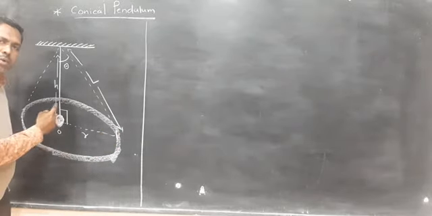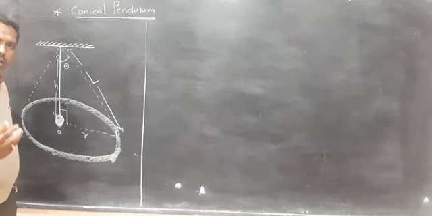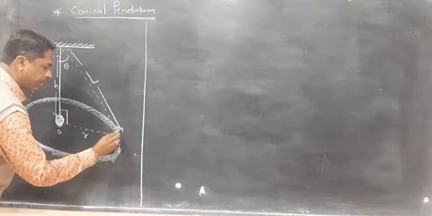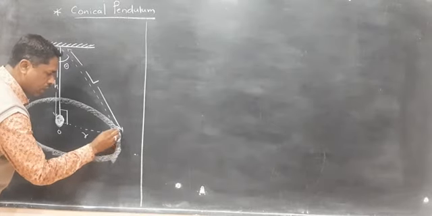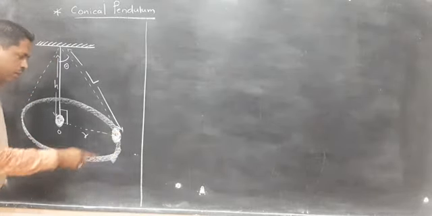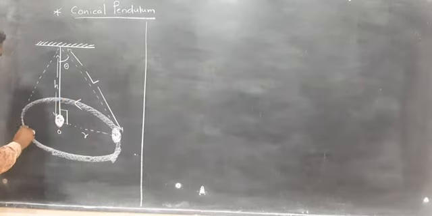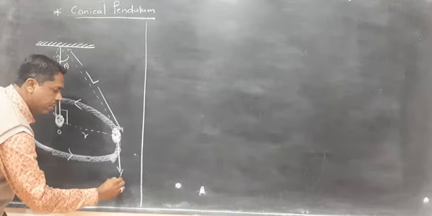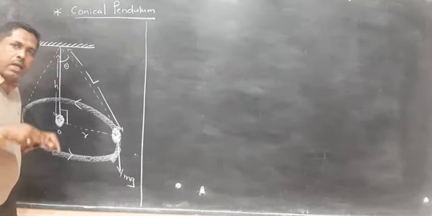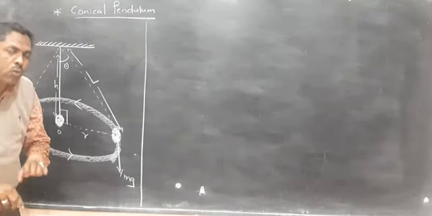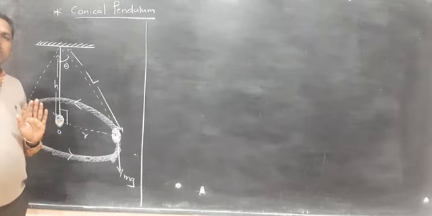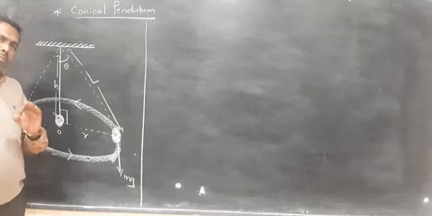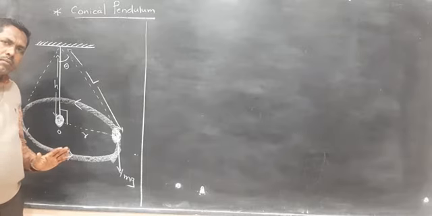Let us consider whenever the bob, the metallic sphere, is rotating, at that time its weight mg acts vertically downward. Very simple concept. Watch it carefully, listen carefully, and pay full mental concentration here.